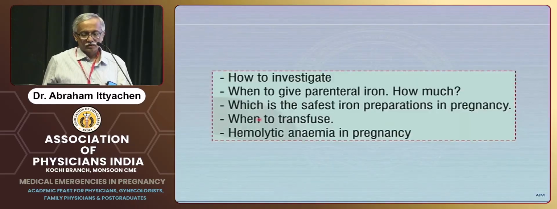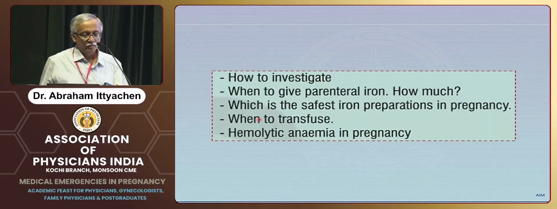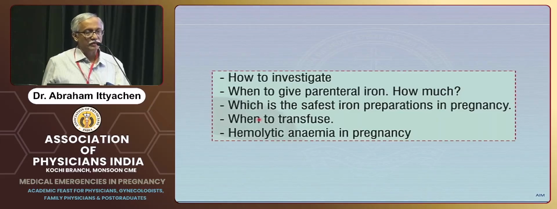Now, Dr. Gilles told me to stick to these topics, these questions, which you probably have seen in the brochure, but I will be going a little out of this, where I'll be dealing with a little bit of the physiology and also a little bit of the biochemistry, so that it will probably make you understand better why this topic is important.